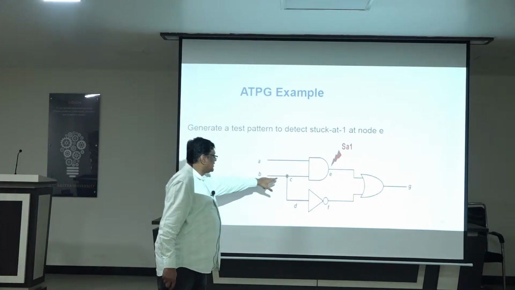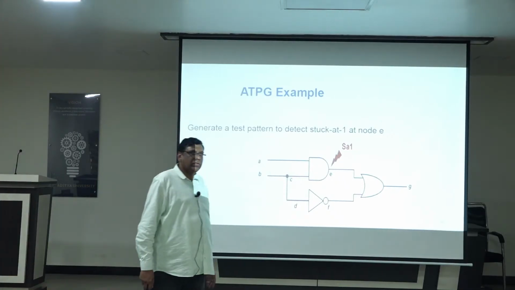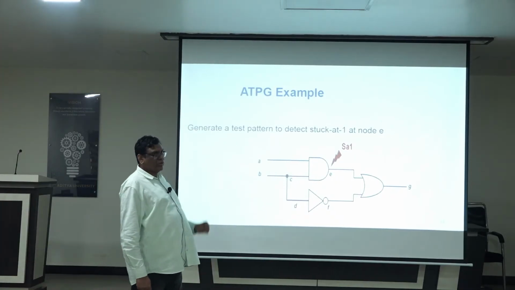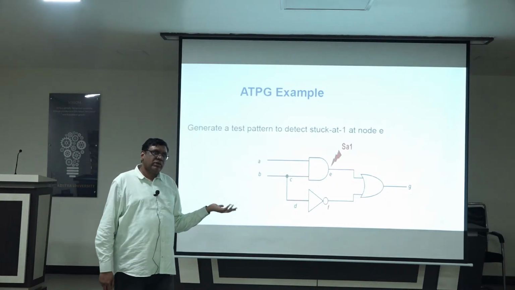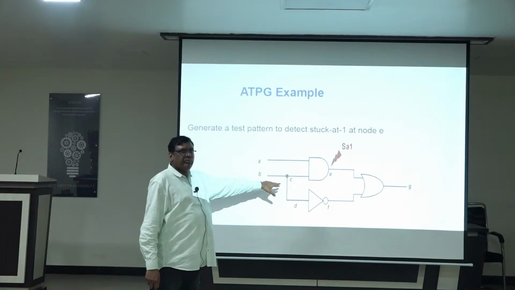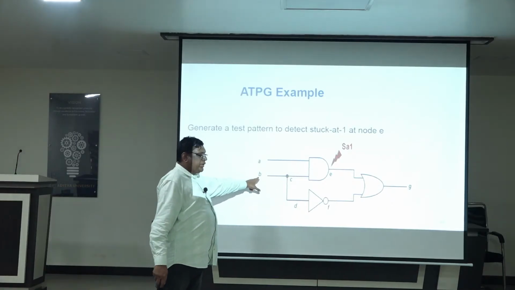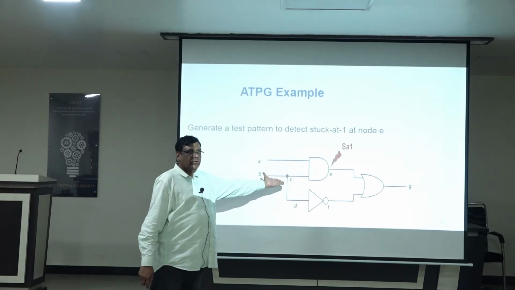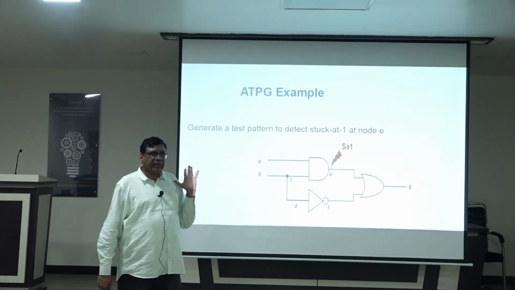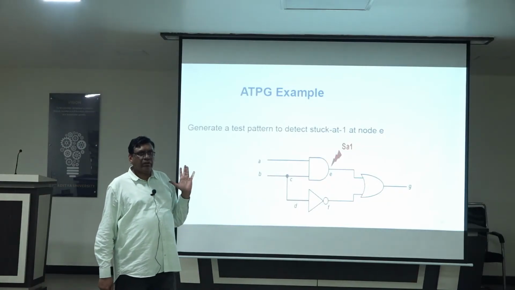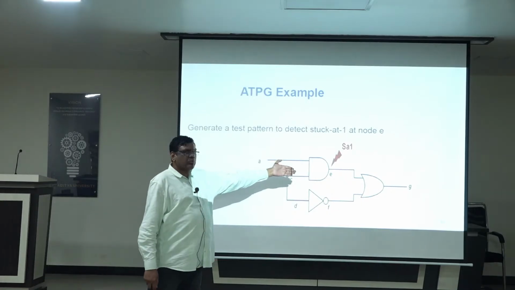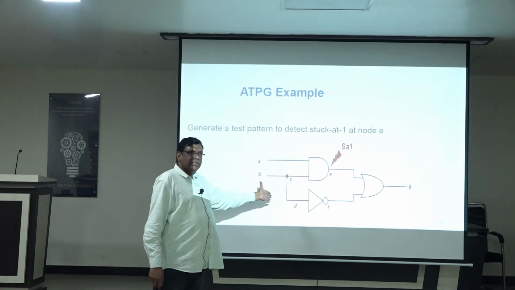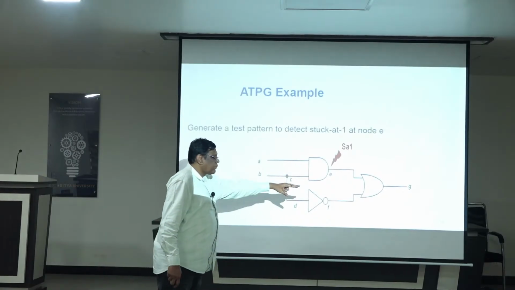Suppose I want to test stuck-at-1 on C. What is the value I have to keep on C? 0. It's a direct input, so I can directly keep a 0. Controlling is not a problem at all. But observing means I have to see it on the output, so it has to be propagated.